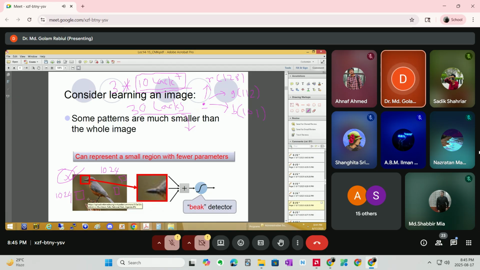So we can easily exclude those pixels from the image as they have no contribution to learning. So maybe we can slice the image into several windows, in this way.